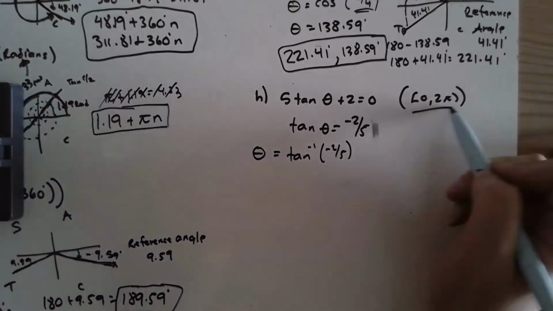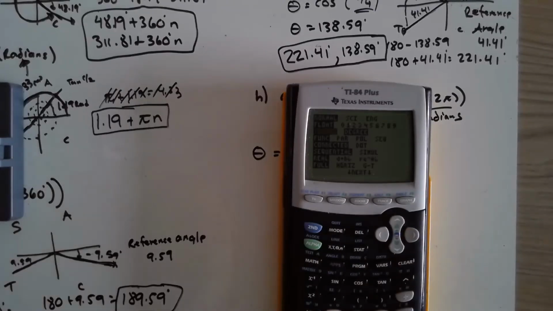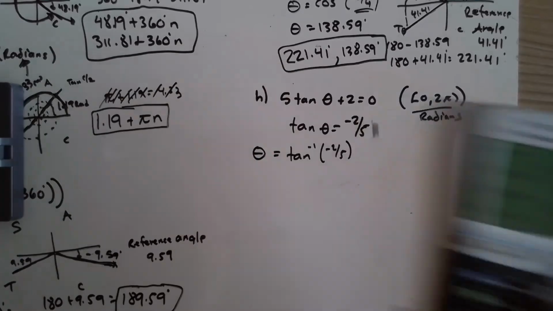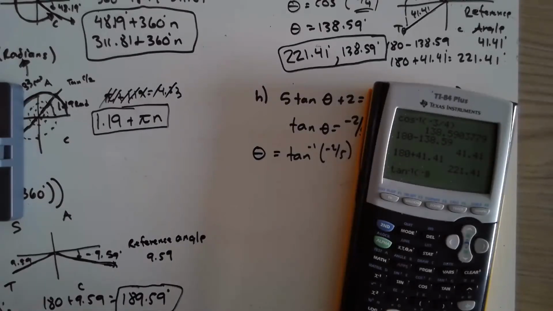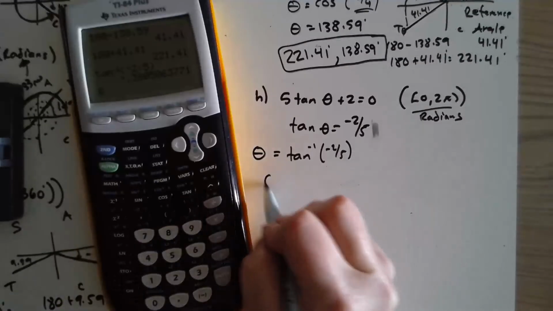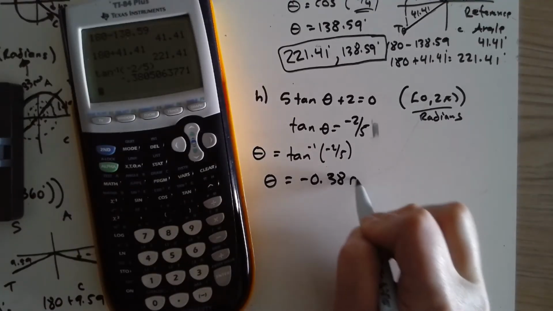Ooh, hold on. Radians. I almost did this wrong. Okay, calculator, mode, change it to radians. Second, tangent, negative 2/5. So theta is going to equal negative 0.38 radians.